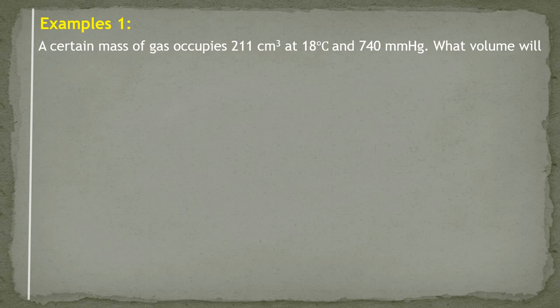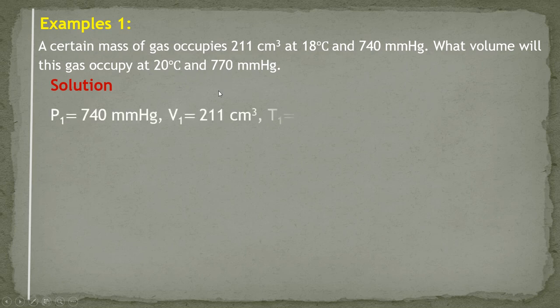Let's look at example 1. A certain mass of a gas occupies a given volume at a temperature of 18 degrees Celsius and a pressure of 740 millimeters of mercury. What volume will this gas occupy at 20 degrees Celsius and the given pressure?